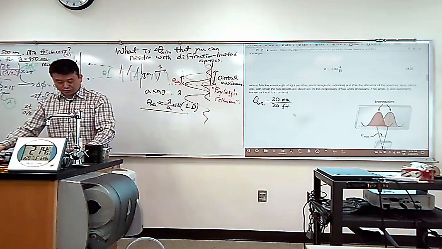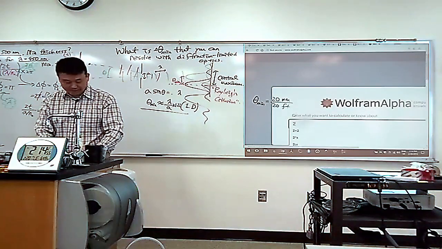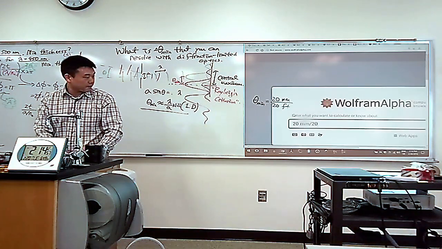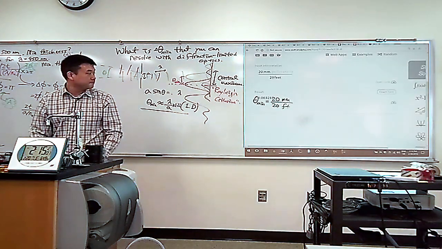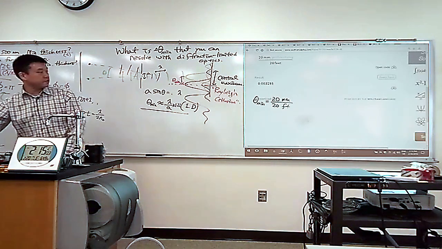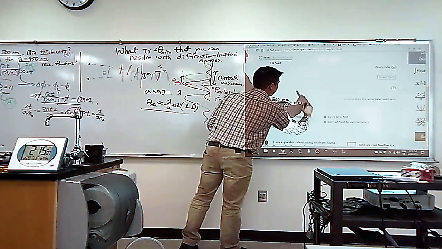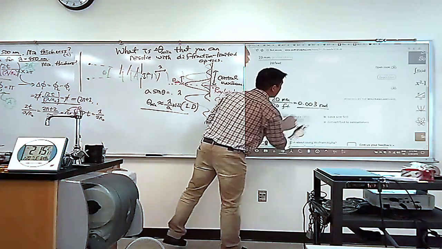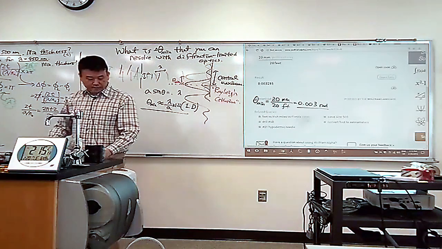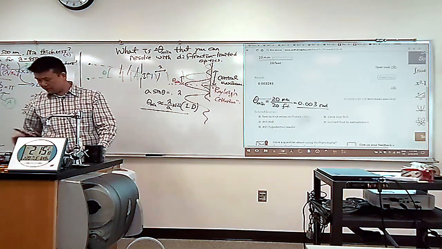I don't want to do the unit conversion, so let me use Wolfram Alpha. 20 millimeters over 20 feet. That'll be 0.003 radians. Seems kind of big.